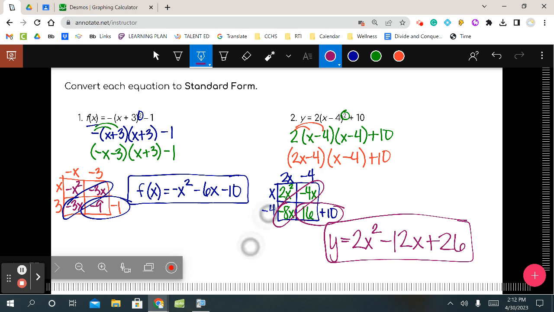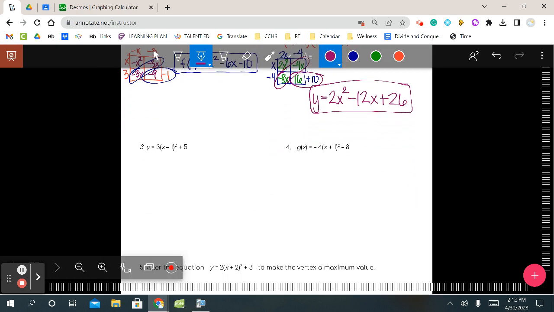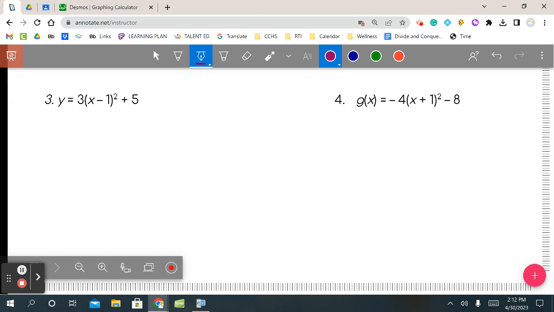Okay. Let's go down to 3 and 4. 3 and 4, you guys, they're the same process. So little 2, so write the parentheses twice. Distribute.